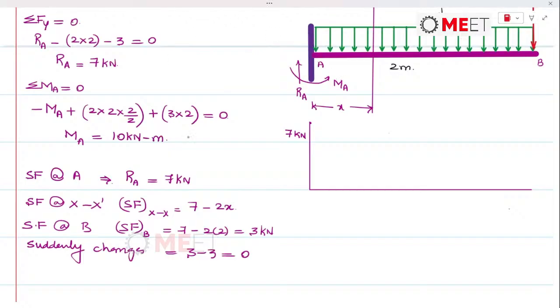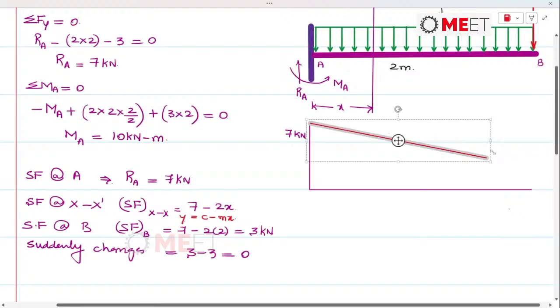If you check the shear force equation, you find 7 minus 2 times x. This is analogous to y equal to c minus mx. So minus 2 is indicating the decreasing slope. So from here onwards we will have decreasing slope up to point B, but it will not be 0.